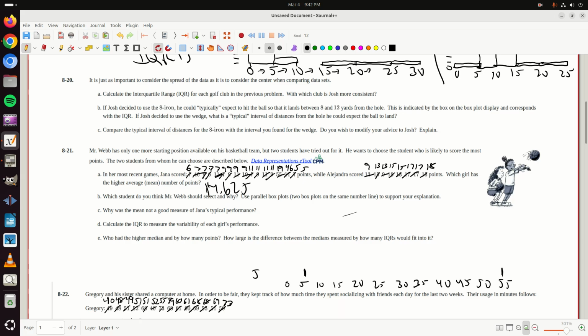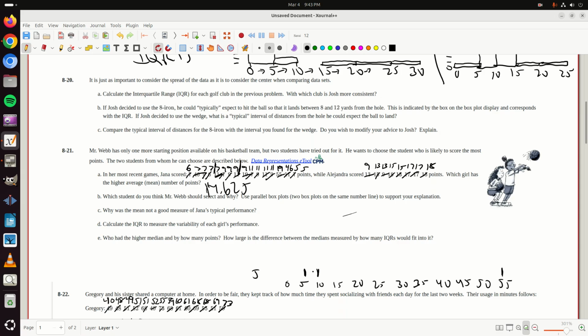So it looks like we're going to say her median is 9. And then her quartile 1, between the 4th and 5th number, so we're at about 7.